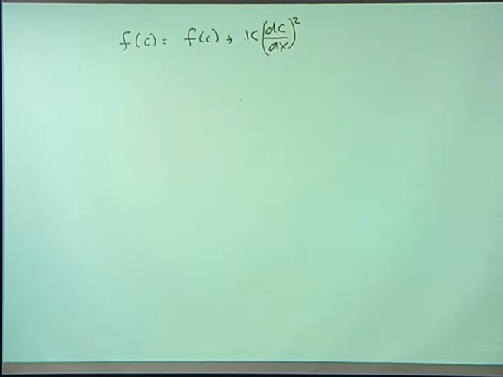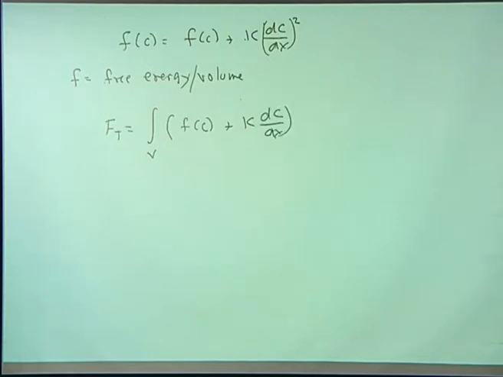And F here is a free energy per volume, which means that the total free energy of the system is now equal to the integral over the volume, dV. Okay. Now we're facing an interesting problem: what is the equilibrium state?